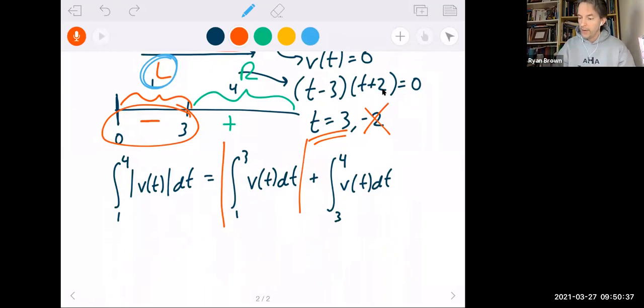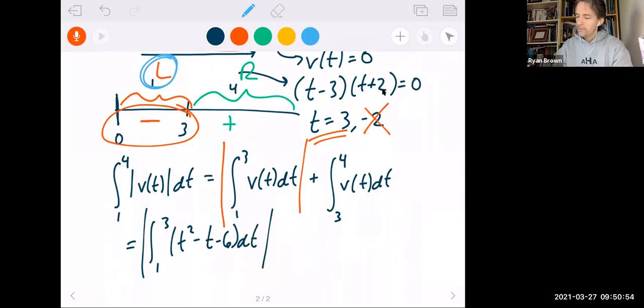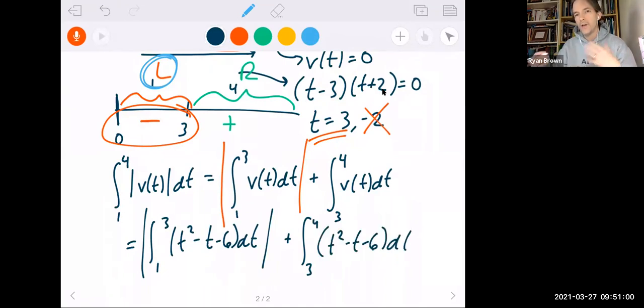And let's just continue now. We're going to take the integral of the first one, but we're going to take our answer and make it positive. So we're going to take our integral from 1 to 3 of t squared minus t minus 6 dt, but make it positive, plus the integral from 3 to 4 of t squared minus t minus 6. And I don't need to make that positive because it's automatically positive because our sign chart told us so.